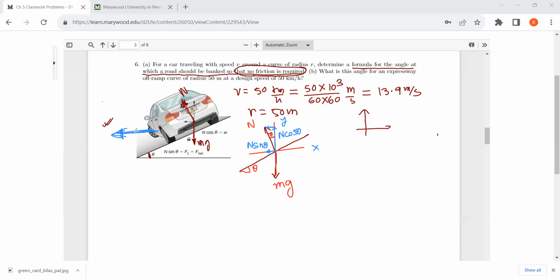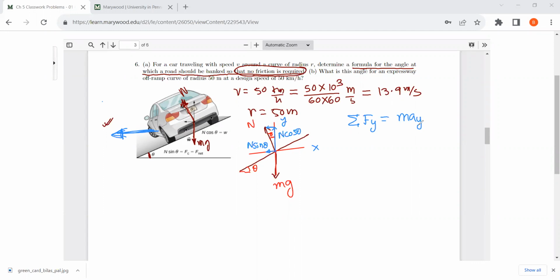All right, so now we have to determine first the formula for theta. So we have to start from Newton's second law. Newton's second law for the y direction is Fy equal to may.